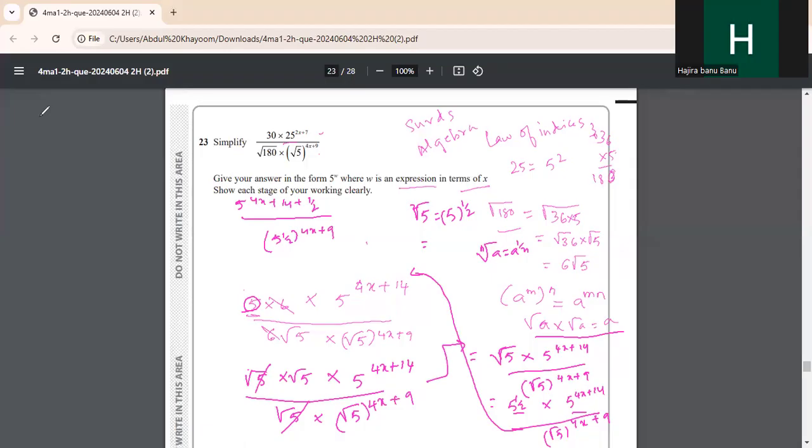So the next step will be 5 power 4x plus 2 times 14 is 28 plus 1 divided by 2 divided by 5 4x plus 9 divided by 2.